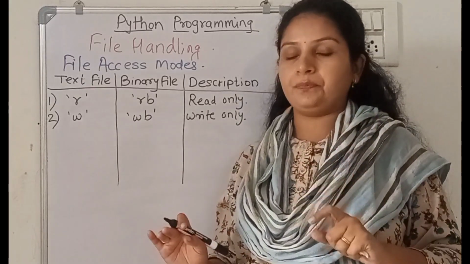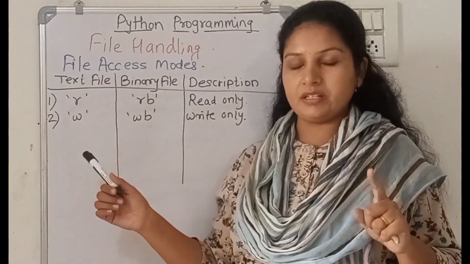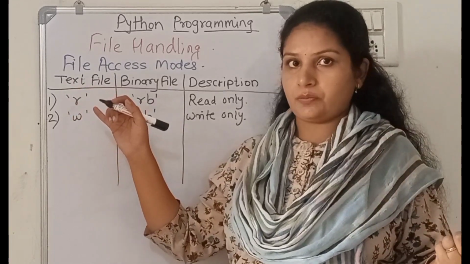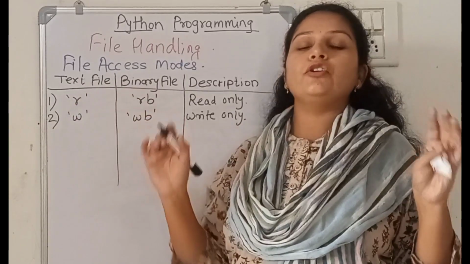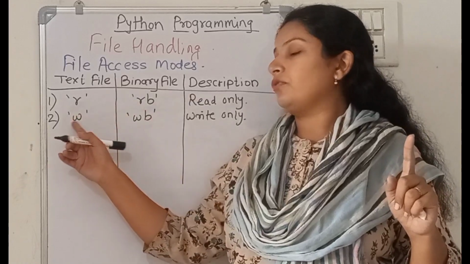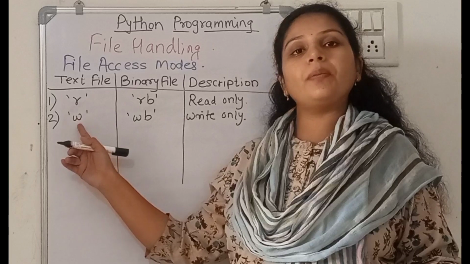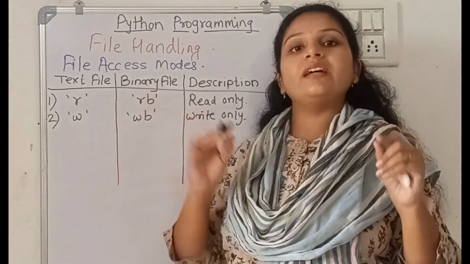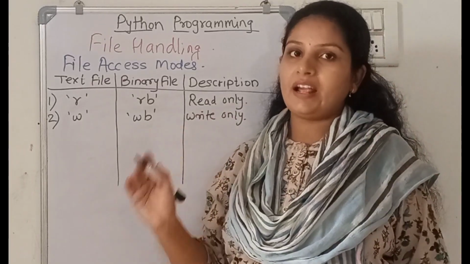The difference between R and W, read mode and write mode, is that if the file does not exist in the computer system and you try to open it with the read mode, you will have an error. But if the file does not exist and you try to open that file with W mode, then the file will be created automatically.